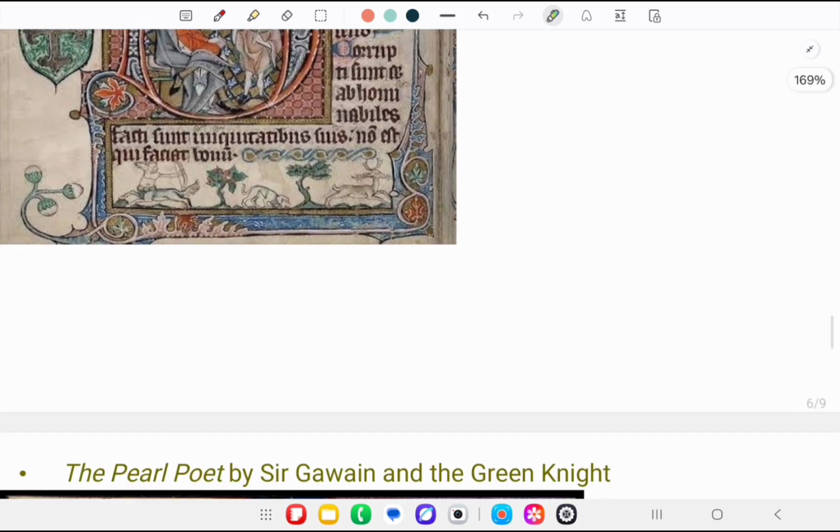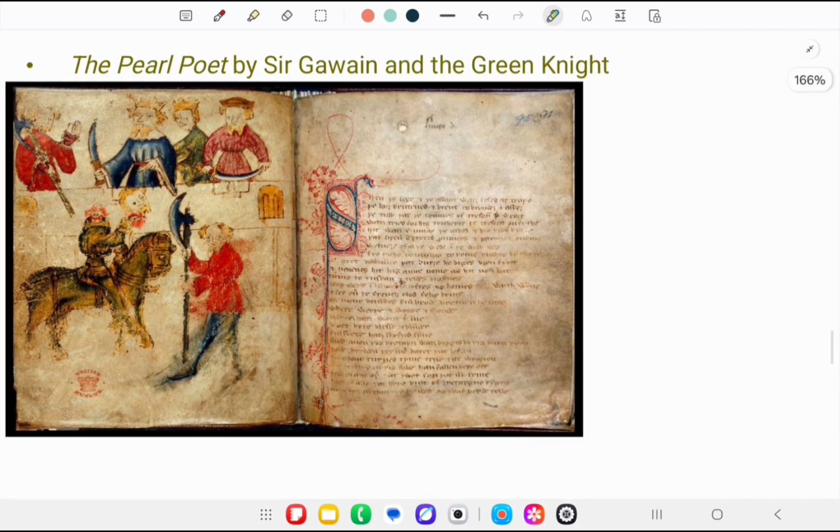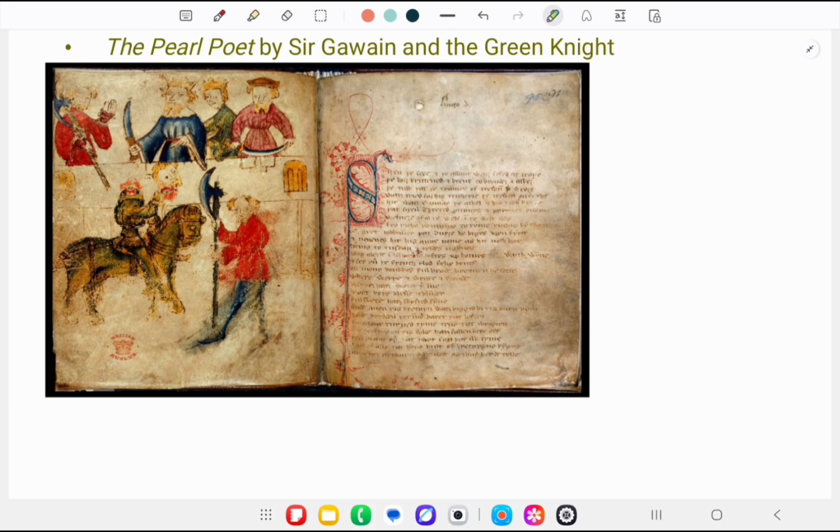Next one is the Pearl poet, author of Sir Gawain and the Green Knight, an Arthurian romance, written in an archaic alliterative style.